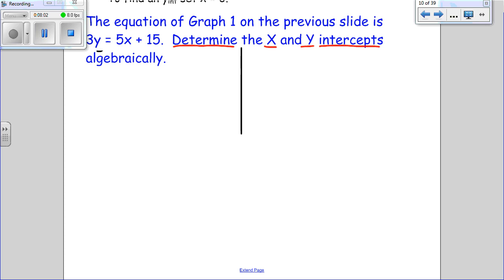We're going to break it up into two parts. Actually, I want to do y-intercepts first, so we're going to do y-intercepts over here. We're going to do x-intercepts. So how you could determine your y-intercept without a graph and without guessing and checking. What do you know about all y-intercepts?